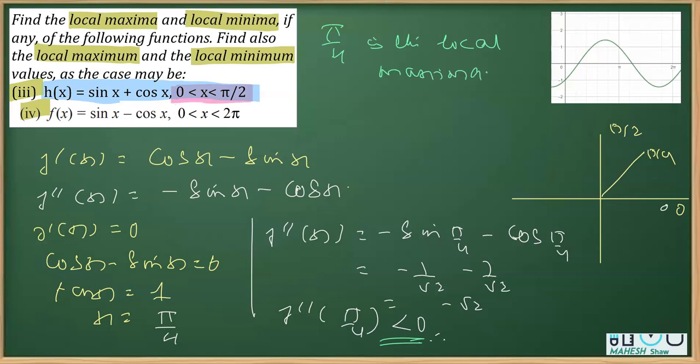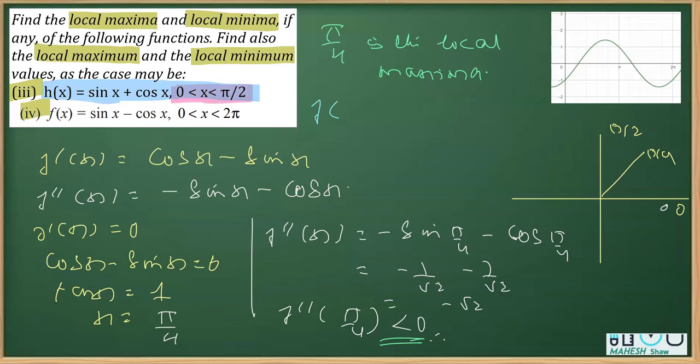And the maximum value is obtained by placing the value in h(x). By mistake, I took f(x), but that's okay, we can rectify it later. We have already found out the turning point. Now we are going to find the maximum value.